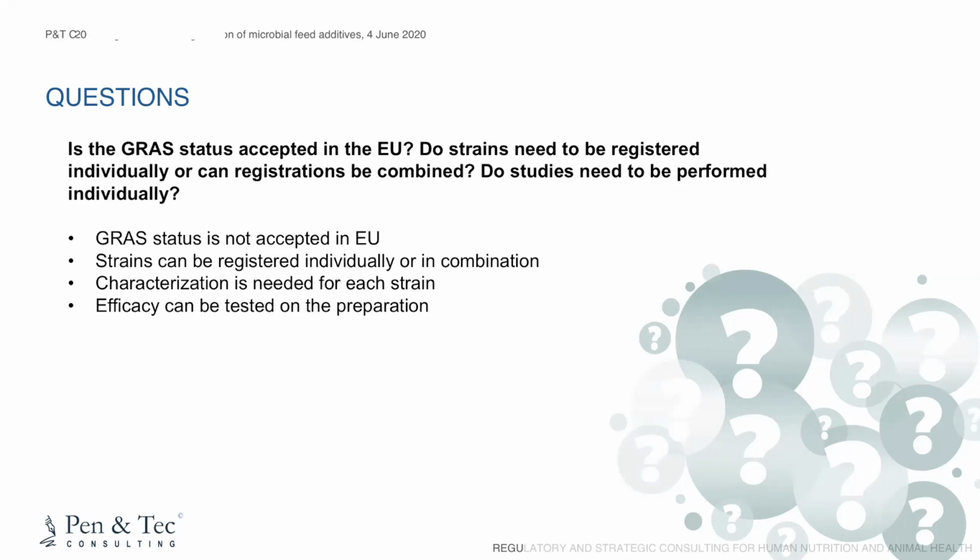Strains must always be individually characterized, but efficacy can be tested per strain if these will be registered individually, or tests can be done with a preparation if multiple strains will be registered together. If a combination of strains is registered through one application, these won't be allowed for individual use.